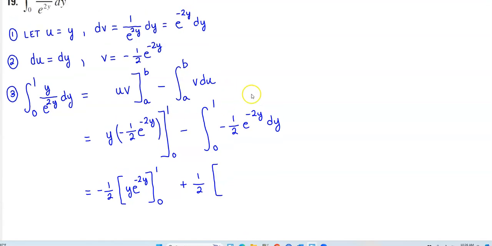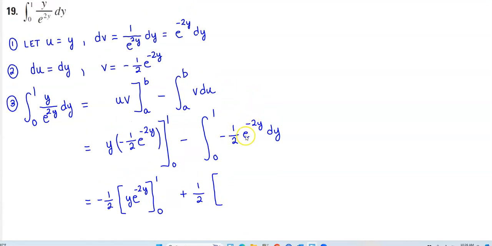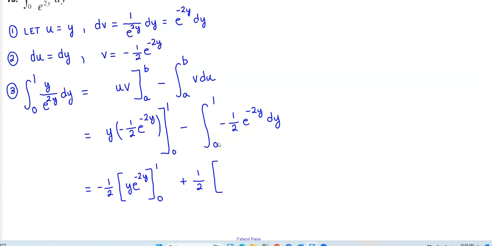And then we can take the antiderivative of e to the negative 2y dy. Well, we already found that the antiderivative is negative 1/2 e to the negative 2y, going from 0 to 1.